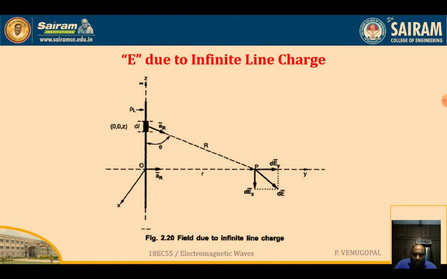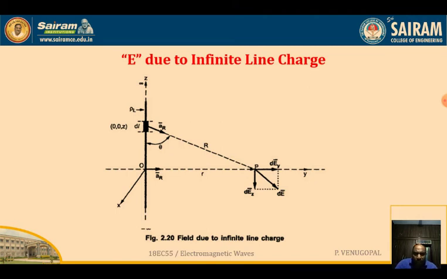Because of this elementary charge dq, we can find the electric field intensity at the point P as dE. You are observing we are finding the electric field intensity at the point P as dE due to this elementary charge dq located at the point dl. This is located at a distance L from the origin.